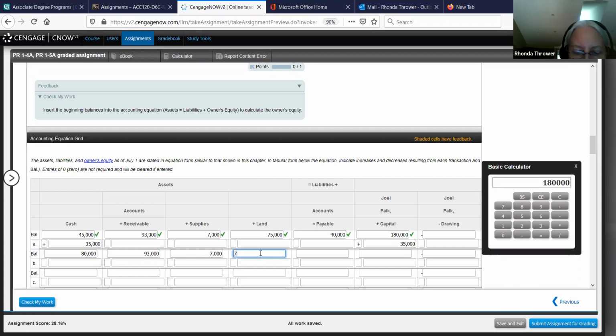And bring down your land. Accounts payable is brought down. And then we'll add 180,000 plus 35,000 together to get the total capital as of this point.